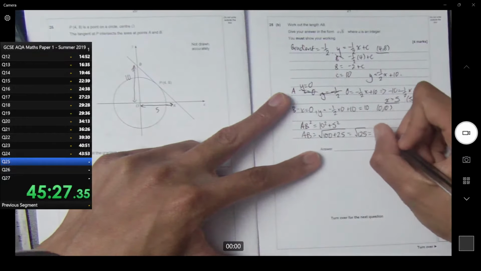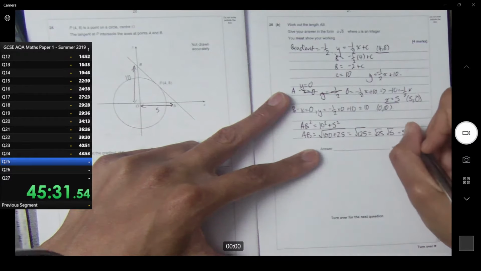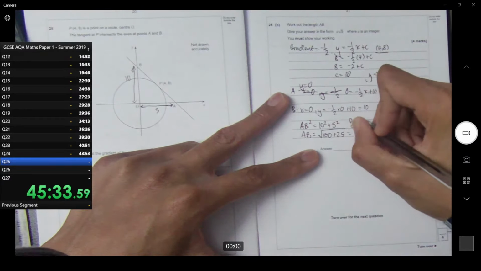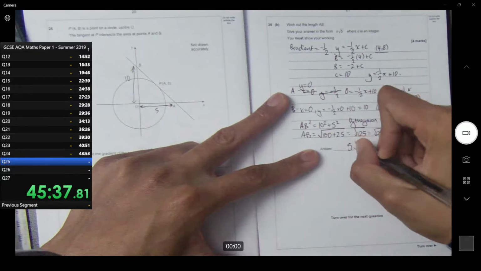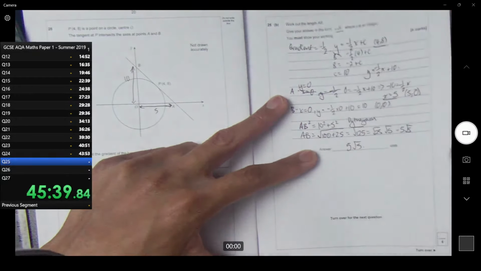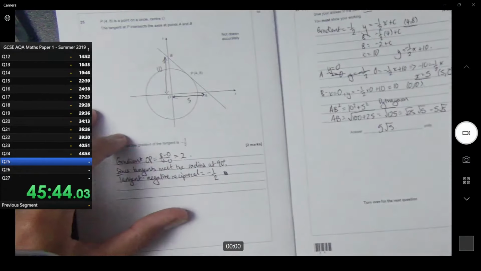So that's root 125. That's 5 root 5. And that matches the a root 5 form, so a number times root 5.